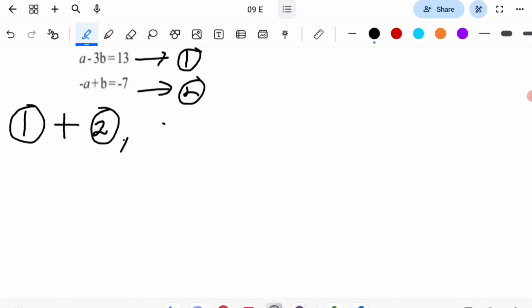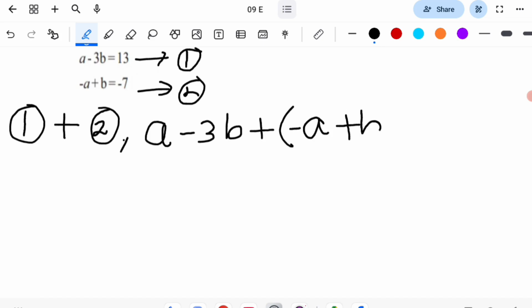Then the left hand side of the first equation, a minus 3b, plus we have to add the left hand side of the second equation, minus a plus b. We have to do the same thing for the right hand side, 13 plus minus 7.